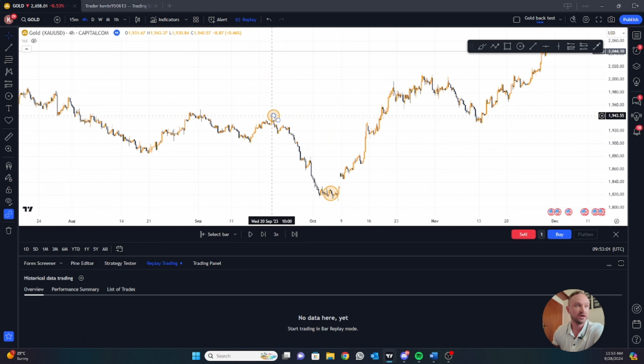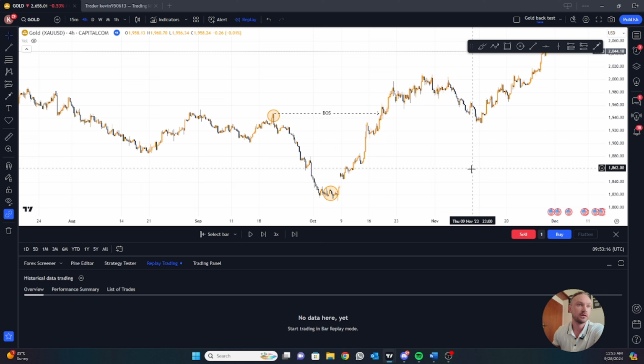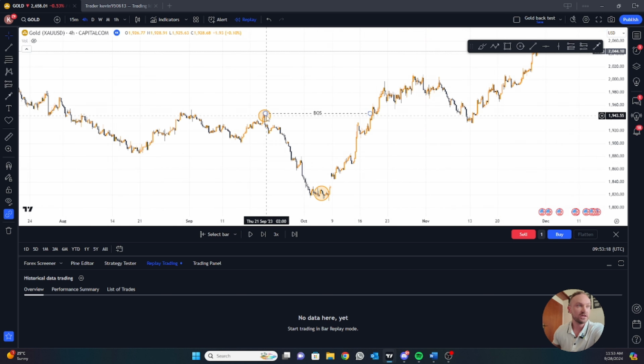So I need to wait for a break of structure before I move on to a new range. We have a break of structure here. So once we have broken a new break of structure, then this becomes my new high.